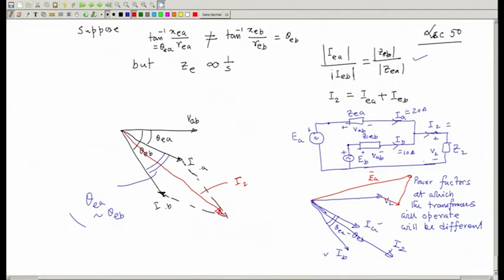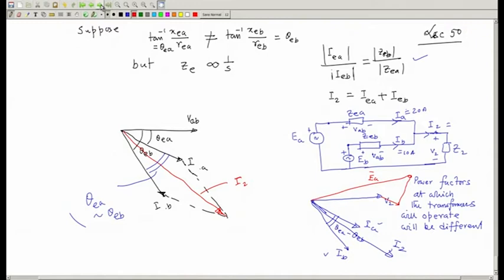Got the point? Therefore, we find that since the vector sum of IA and IB will be less than the sum of these two currents when they are cophasal, therefore, KVA handled will be slightly less.